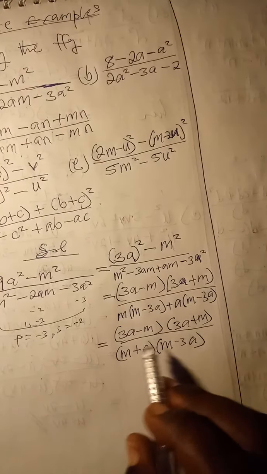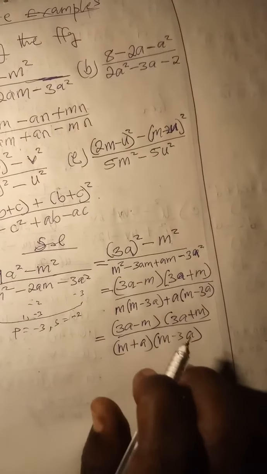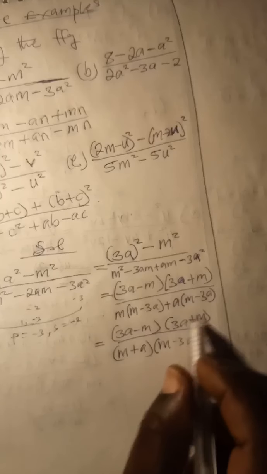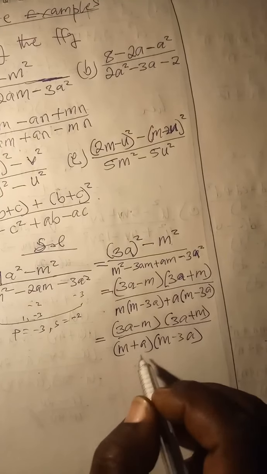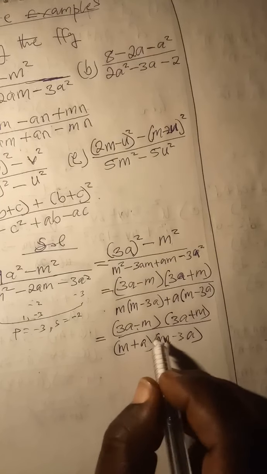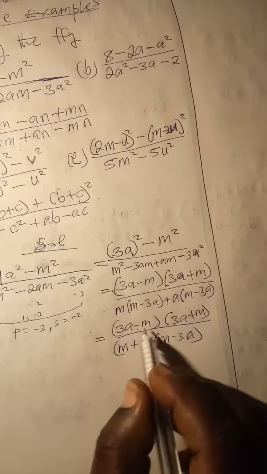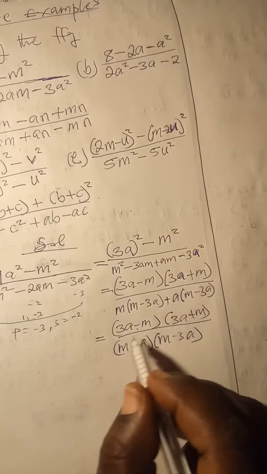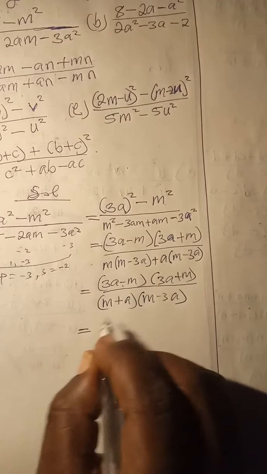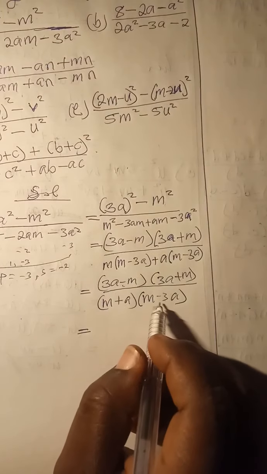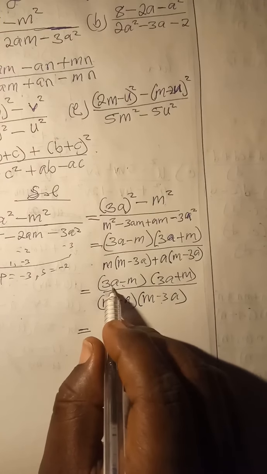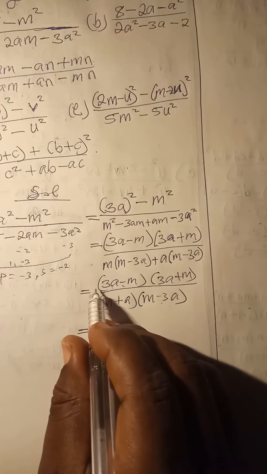The next thing, what do we do? See, what can cancel out? Nothing can cancel between this and this, or this and this. But this and this look somewhat the same, the only difference being that the positions are swapped. So I can manipulate this top: if I switch the positions of these two, then I will have a negative outside the bracket.